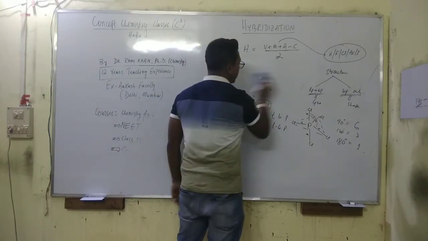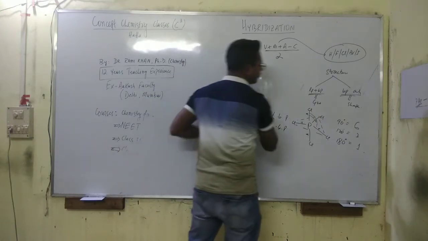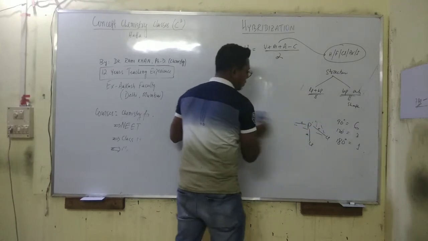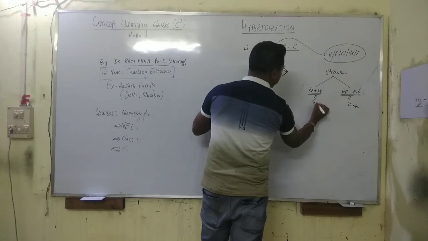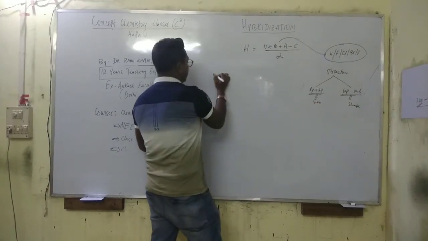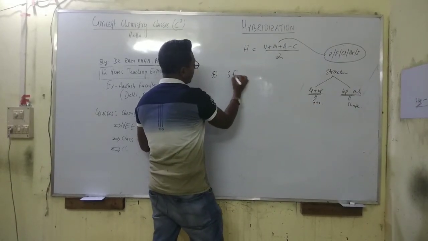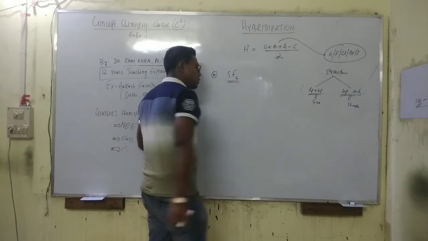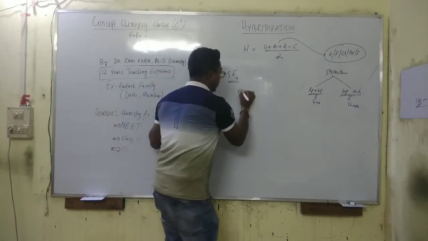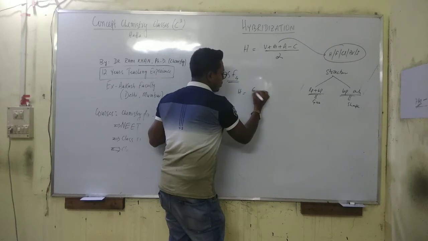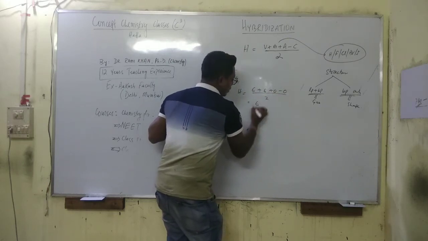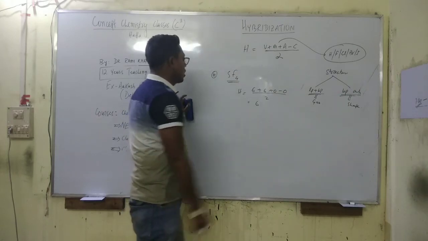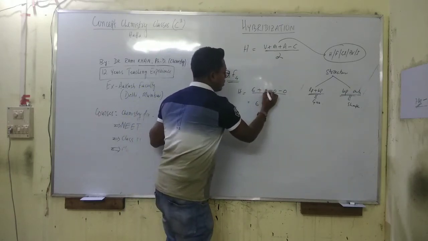Now let us take one more example in which shape and geometry are different. Third example is SF4. In case of SF4, sulfur is the central atom. So 6 plus 4 plus 0 minus 0 divided by 2. This is 4, not 6.